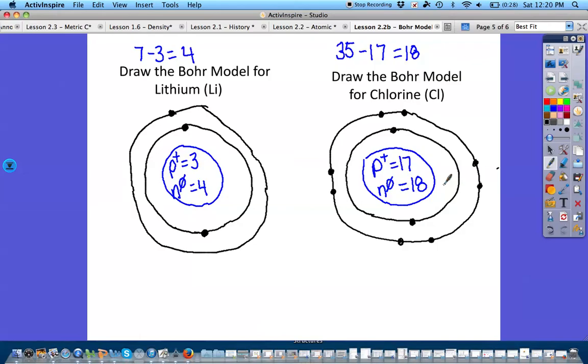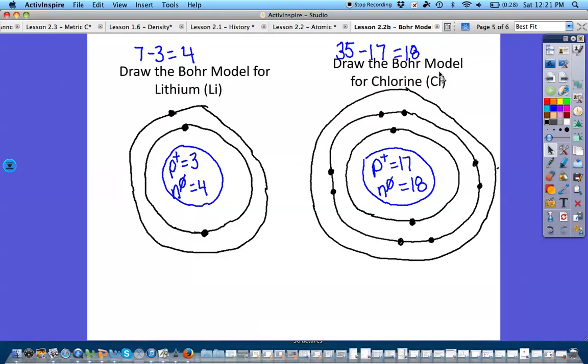And then 2 plus 8 is 10. Well, we still need 7 more electrons. So we're going to put 7 in our third energy level. Then our Bohr model for chlorine is complete.